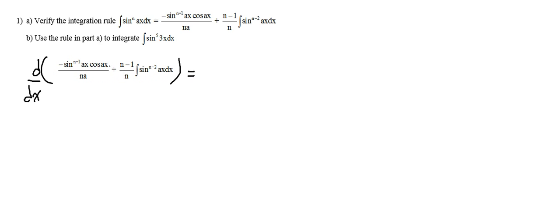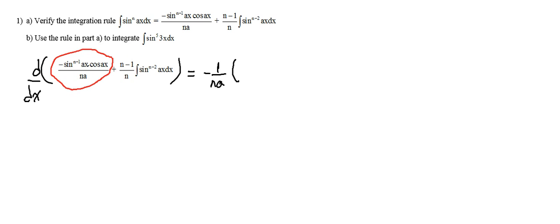We take the derivative of this part: minus 1 over na. It's a constant number, so we can keep it outside. We multiply all of it by minus 1 over na by the derivative of sine power n minus 1 ax times cosine ax.